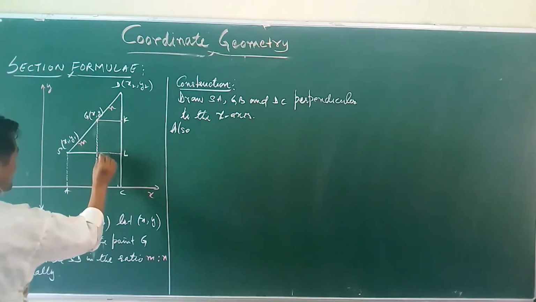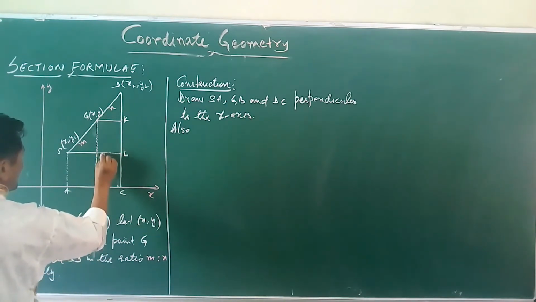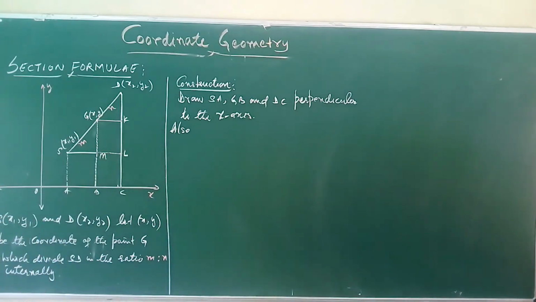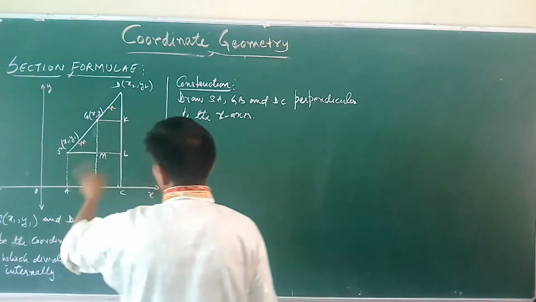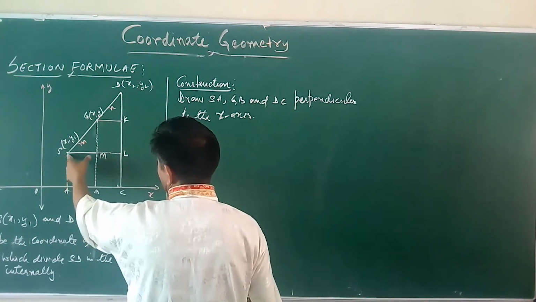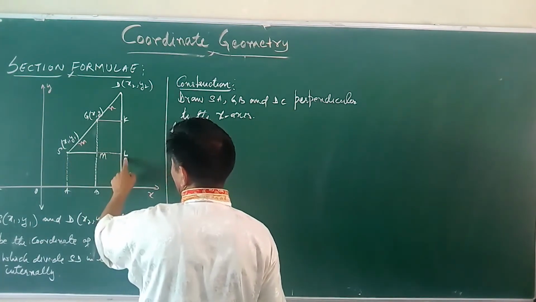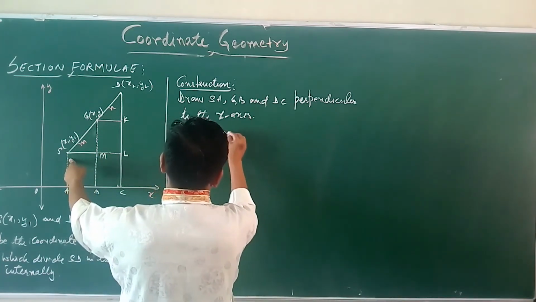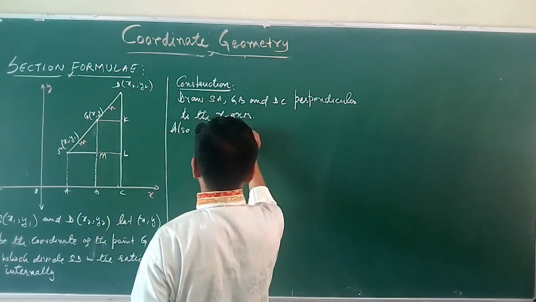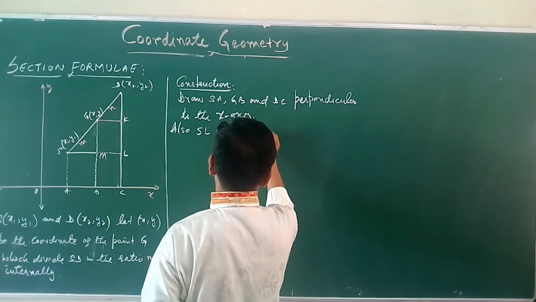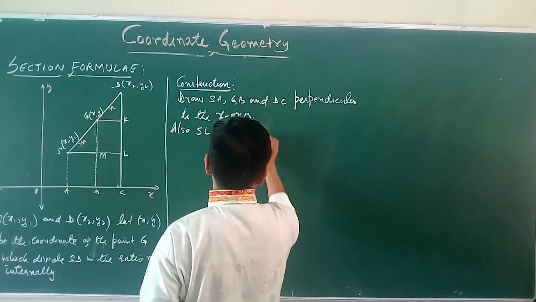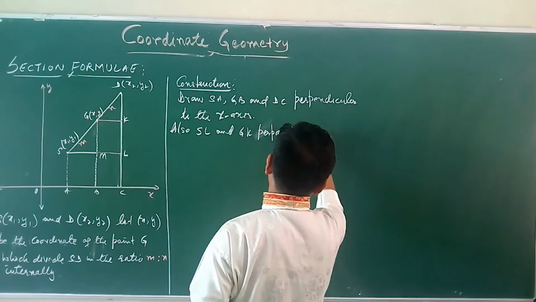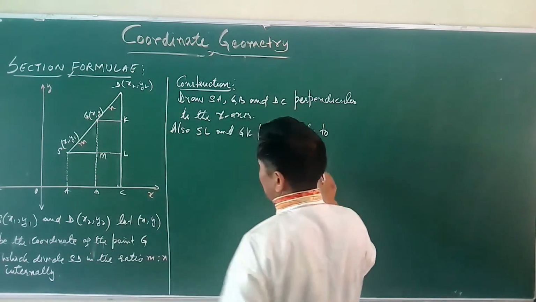And this is the origin O. Then draw SL and PK, perpendicular to DC.